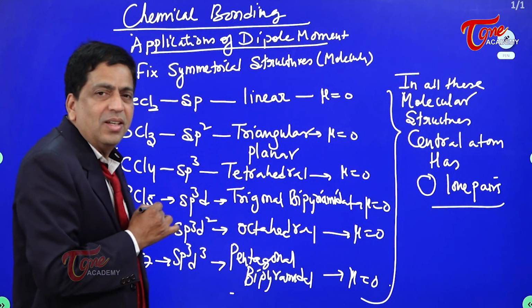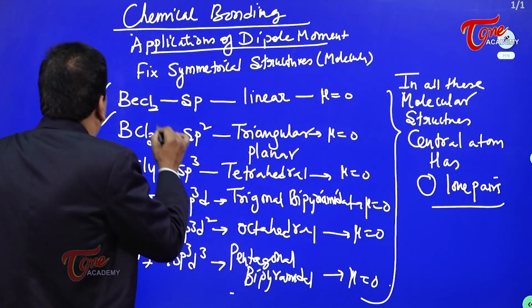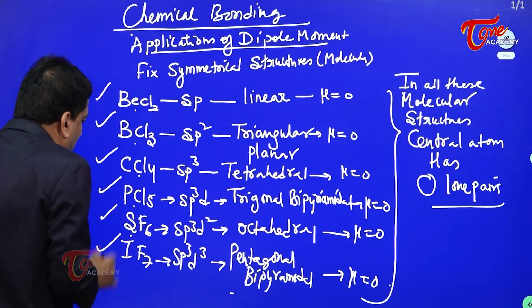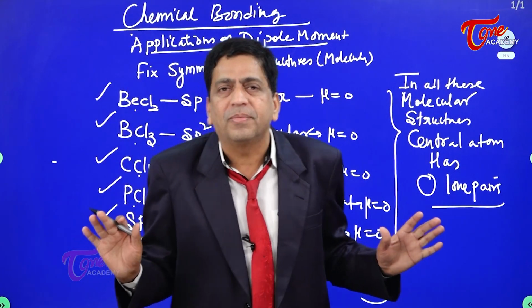So all these have only bond pairs. It has 2 bond pairs, 3 bond pairs, 4 bond pairs, 5 bond pairs, 6 bond pairs, 7 bond pairs. It has 0 lone pairs.